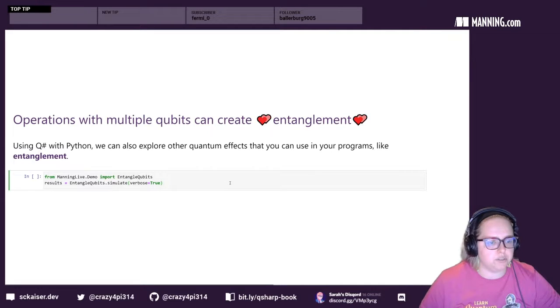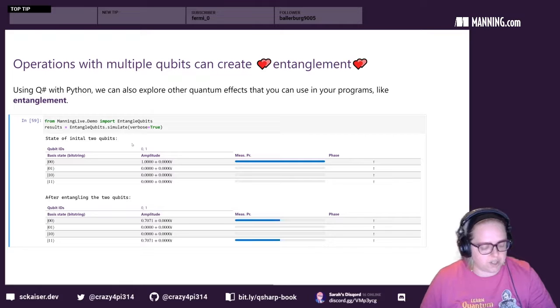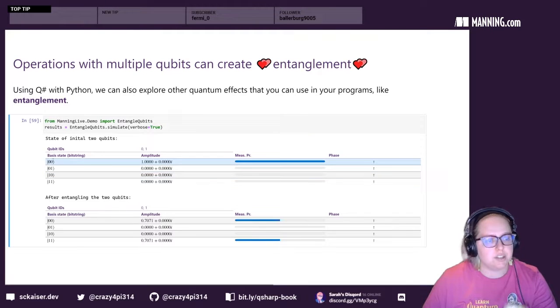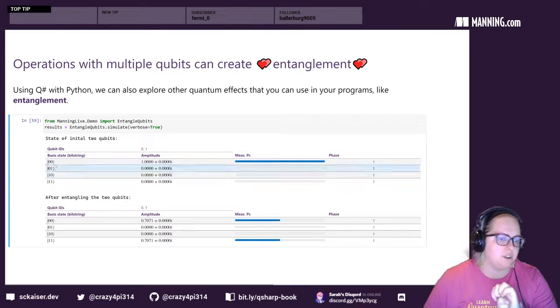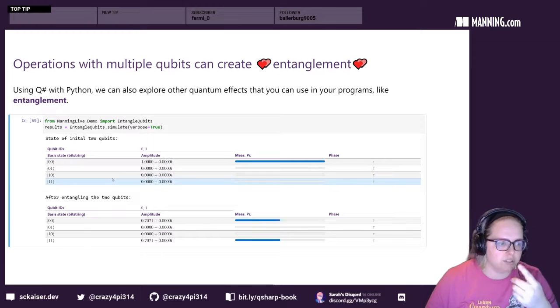So again, I'm going to import an operation here called entangled qubits. This is again code that's defined in that separate file. Now, if we're allocating 2 qubits, if we were to measure both qubits, there are 4 possible outcomes, right? Each qubit can be a 1 or a 0. That's 2 to the 2, so that's 4.